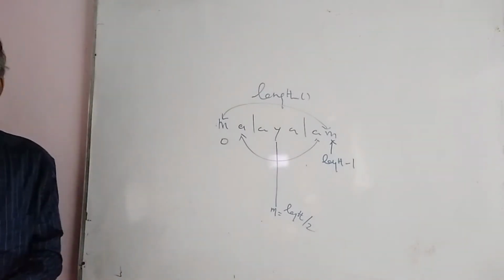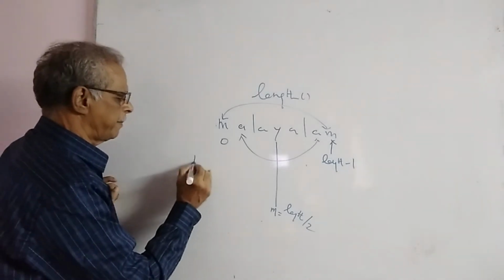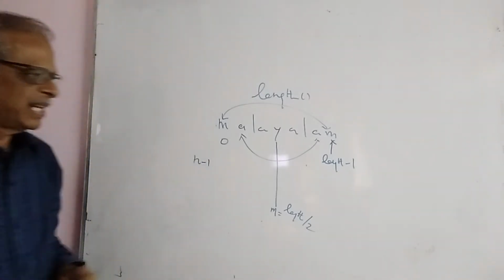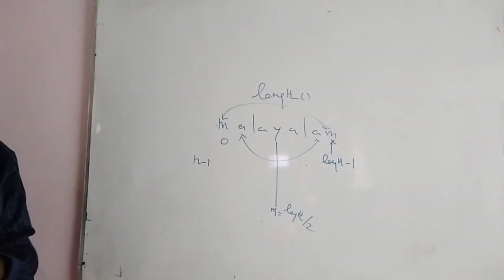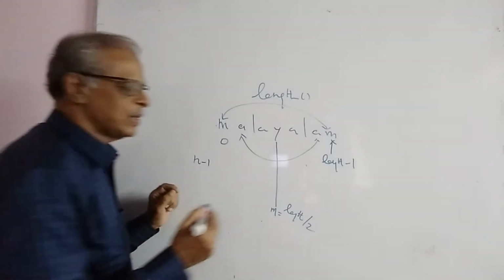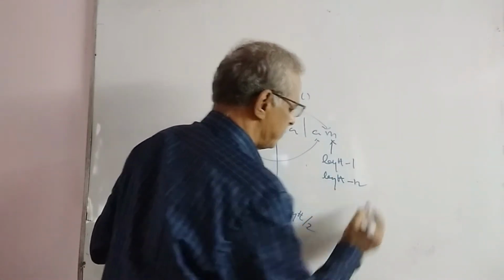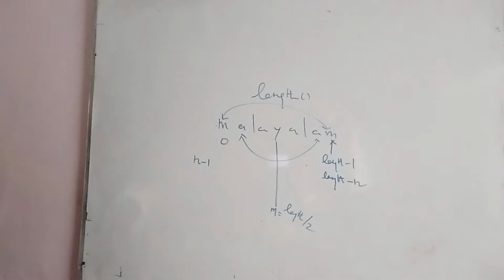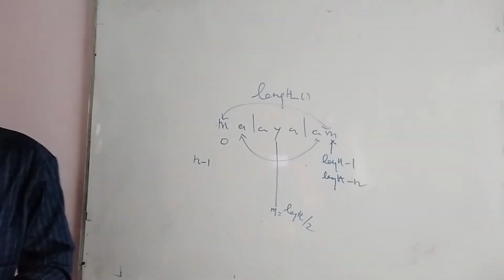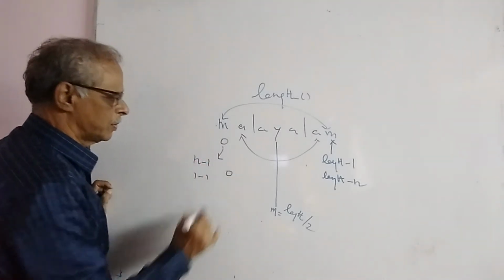Index of the nth character from the beginning equals n minus 1, while the index of the nth character from the end equals length minus n. So, index of the first character equals 1 minus 1, 0.